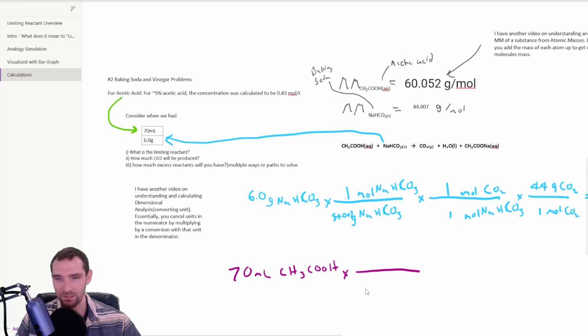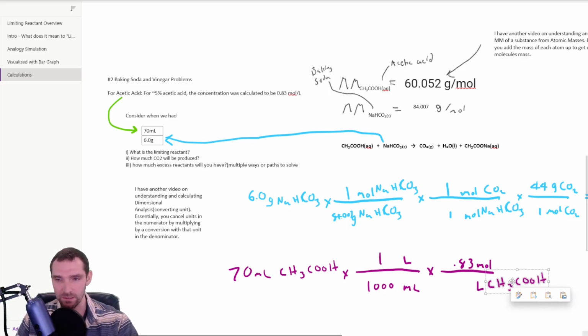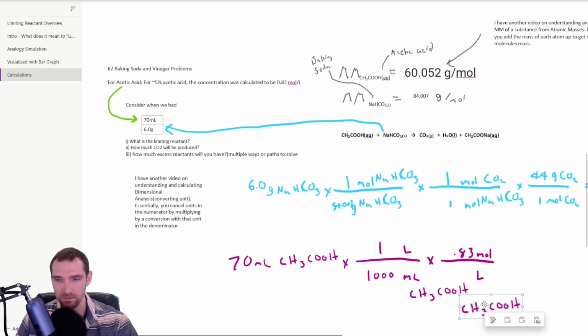I know now you're wishing that you had something like this to do this on. So we've got milliliters to liters because we need something in liters for our next conversion factor. In 1 liter, there's 1,000 milliliters. And then we've got 0.83 mole. I suppose I should be putting this next to each one of these. And then we can just move this all over.